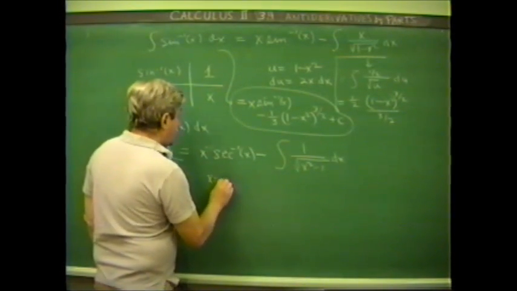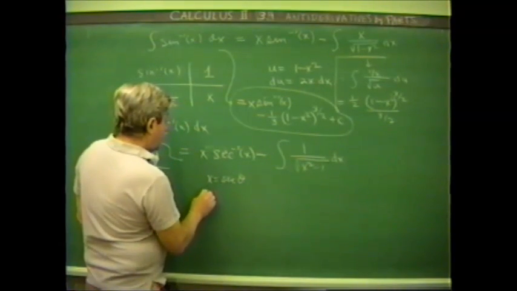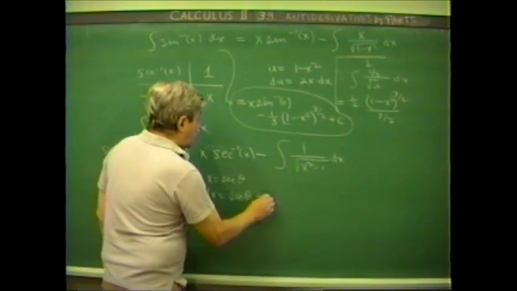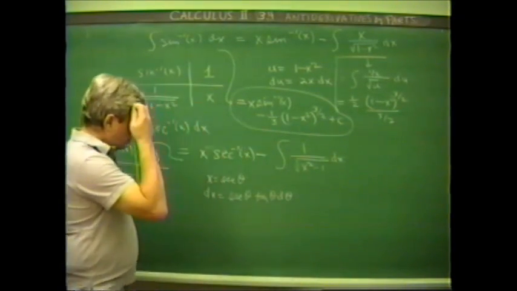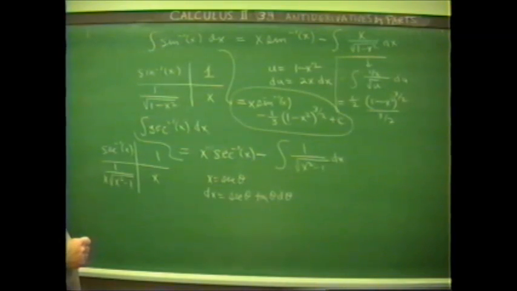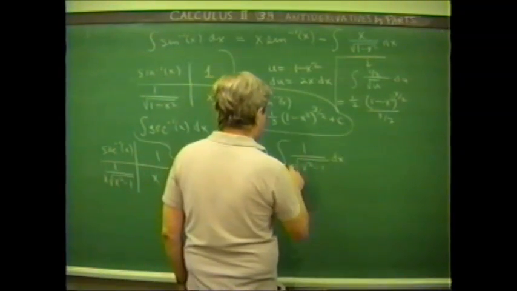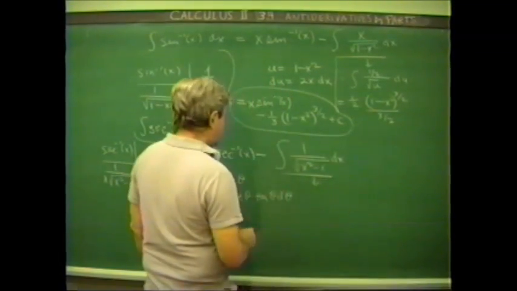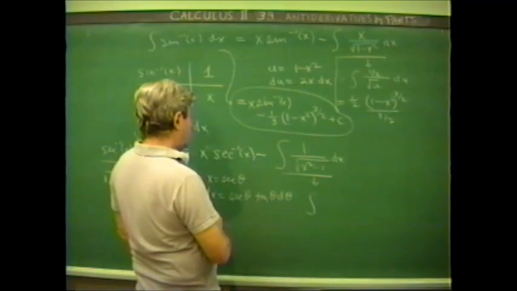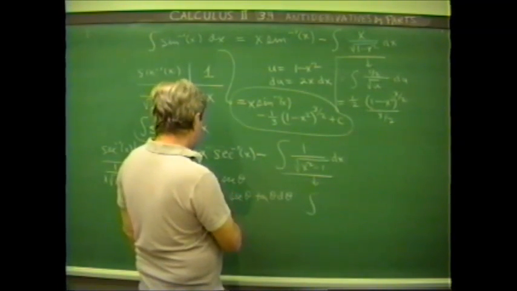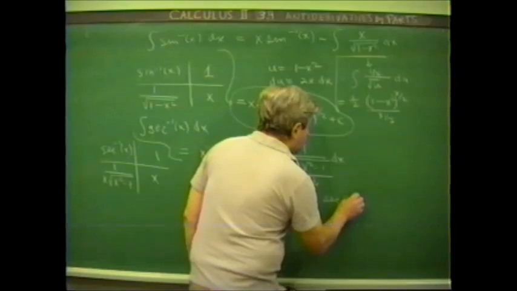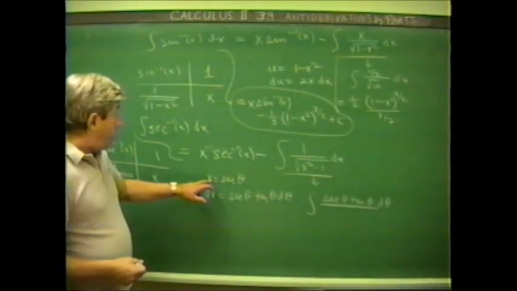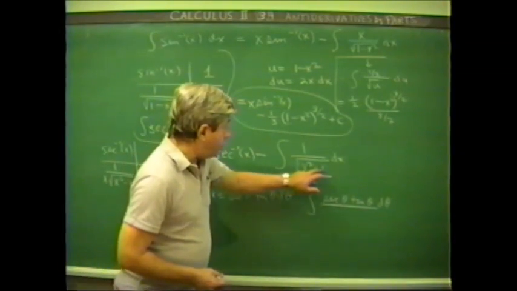So if I let x equal secant theta, and dx then becomes secant theta tangent theta d theta, then this integral right here becomes the integral of, dx is secant theta tangent theta d theta, over the square root of x squared minus 1, which is secant squared minus 1, which is tangent squared.